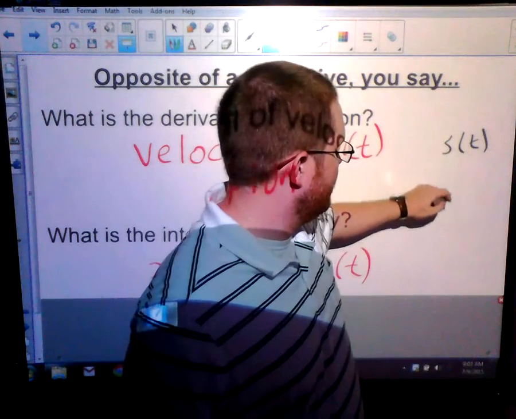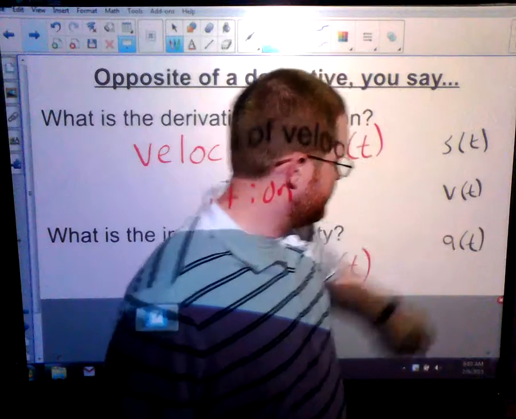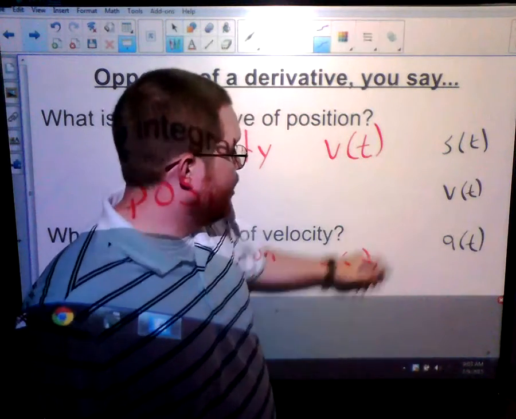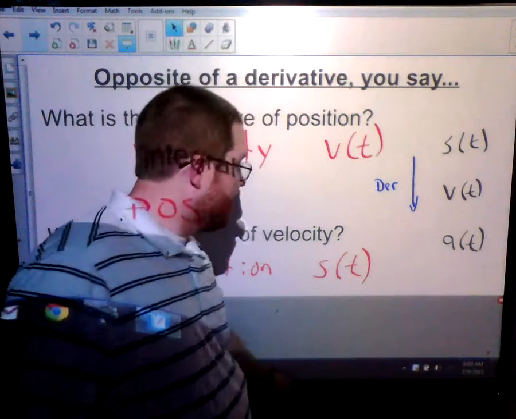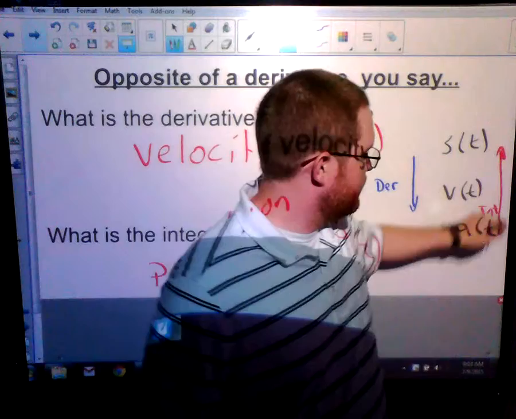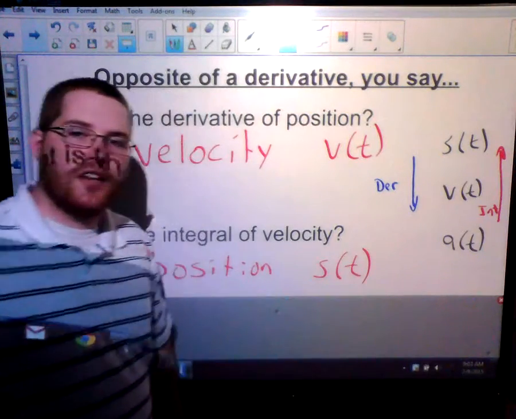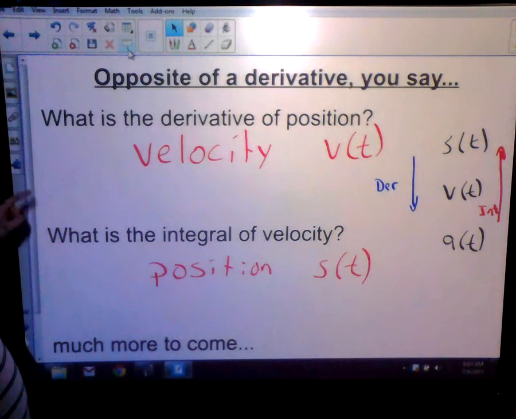Position, velocity, acceleration. If you go this way, you're taking derivatives. If you go this way, you're integrating. So derivatives go down through those three, integrals come back up. Much more about this to come. But that's the basic idea, that an integral is the opposite of a derivative, or the inverse of a derivative.